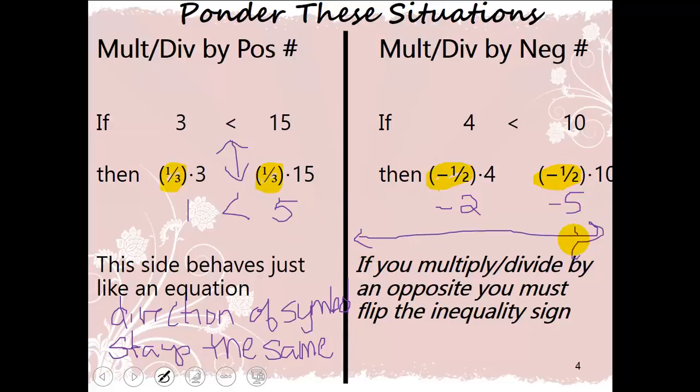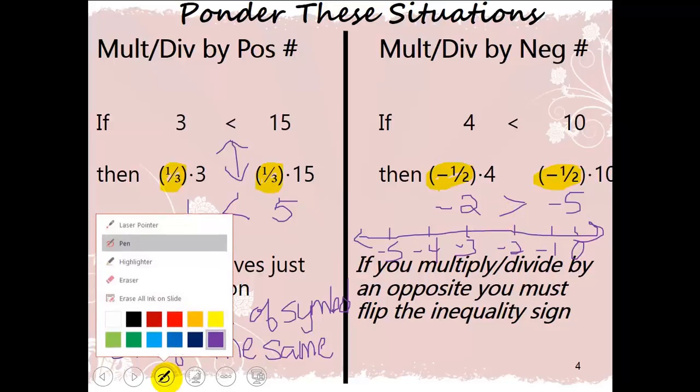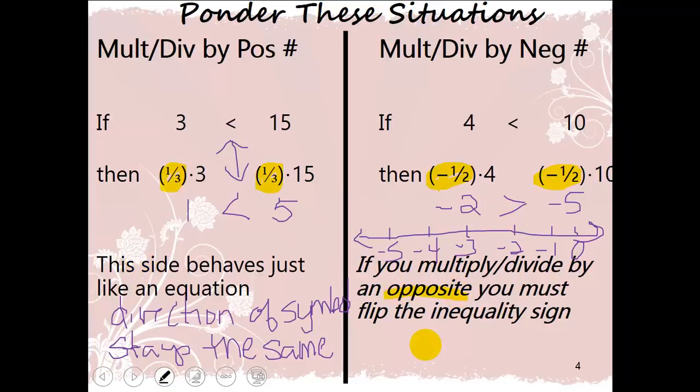Here's 0, -1, -2, -3, -4, -5. Left is less. So -5 is less than -2. Or another way of saying that is -2 is greater than -5. I multiplied by a negative number. Remember, we were going to interpret opposite as negative. So what do I have to do with my inequality symbol? Flip.